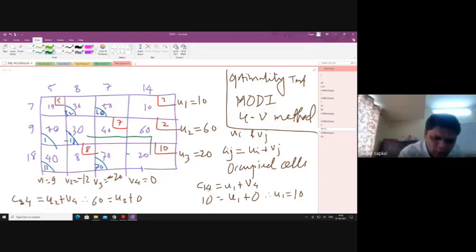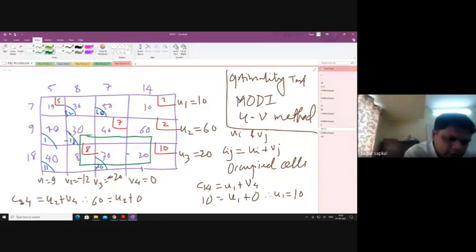But if I go downward, I'll get a cell where I can take a turn at which I am having occupied cell. Then again I can find another cell where I will get the occupied cell, from where I can take 90-degree turn and I can come back to the original cell from where I have started. So this is called as closed loop.